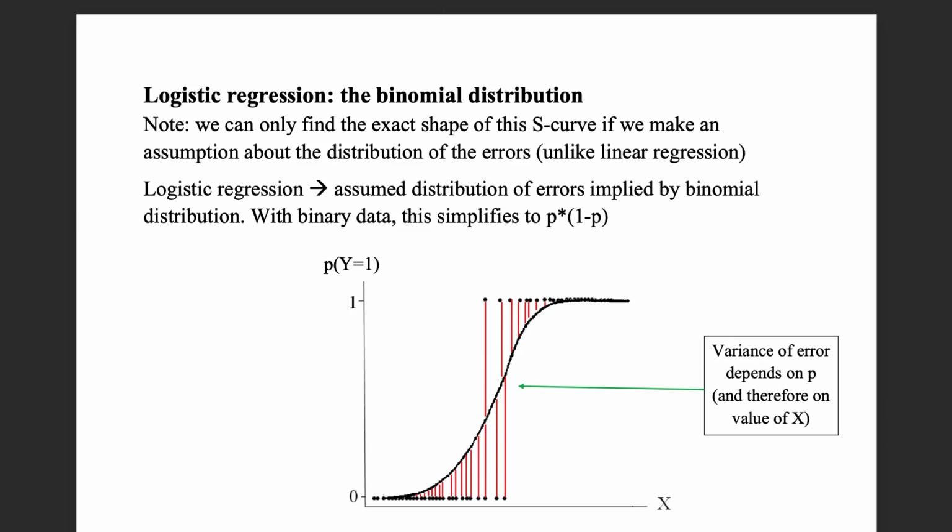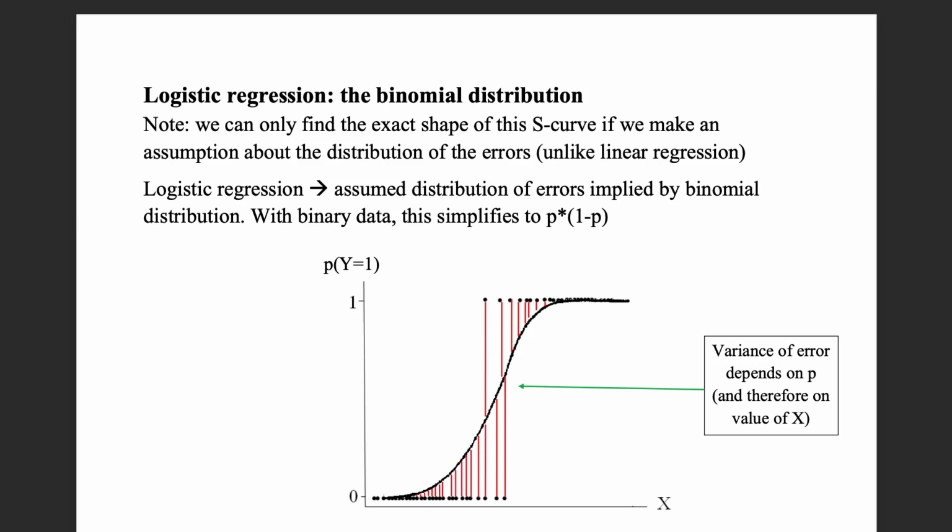So that's great, because now we have a variance of errors, so a distribution of our error term, where we say, well, how much variation we have in our error actually depends on what the probability is that we are talking about. So the variance of our error now depends on the value of p. In other words, where are we on the S-curve, which is an assumed heteroscedasticity, if you think about that, right?